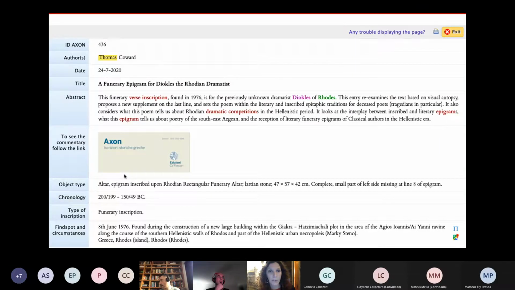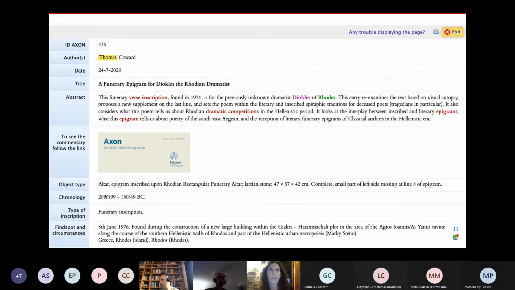So Axon is basically a database of epigraphical records, and you have all the basic and important information about the inscription. So all the information about date, place, chronology, type of inscription, the find spot.